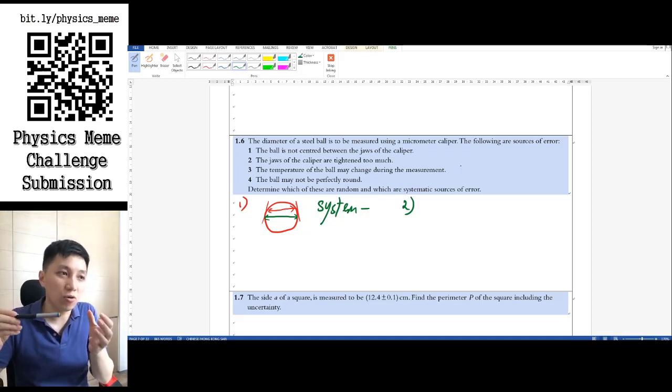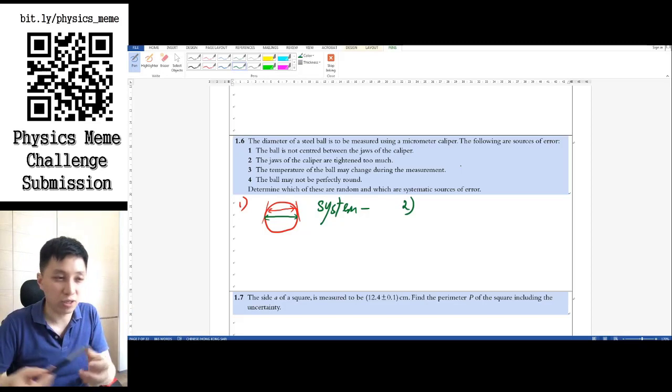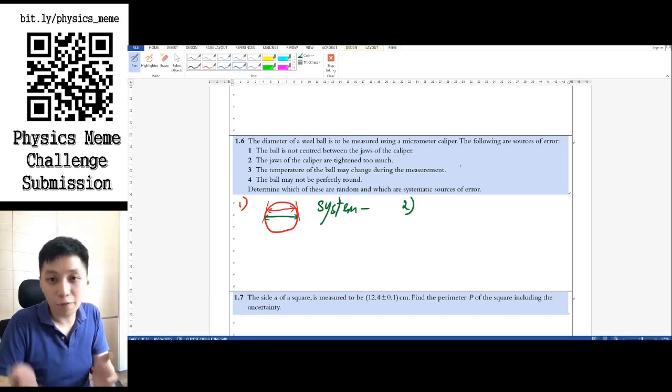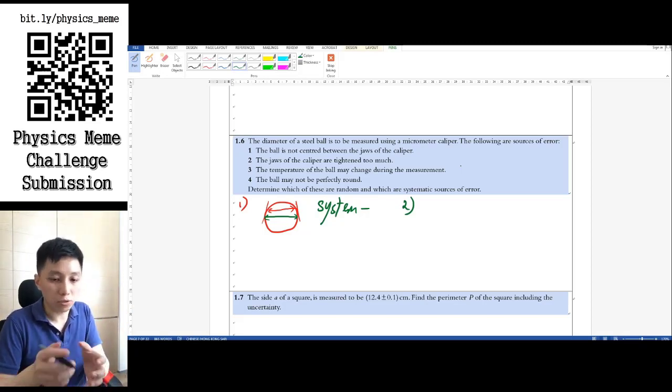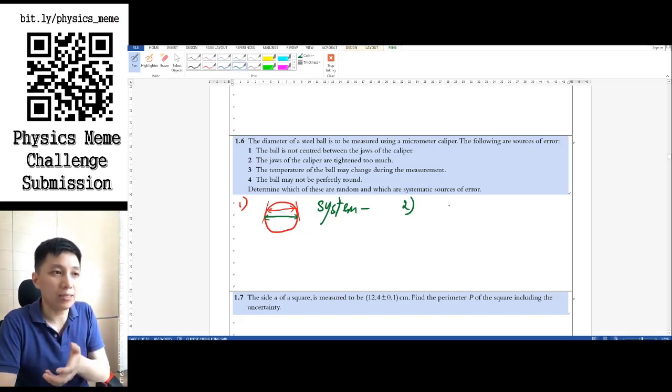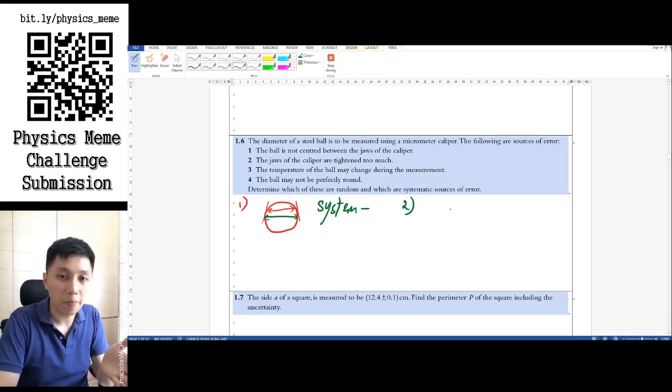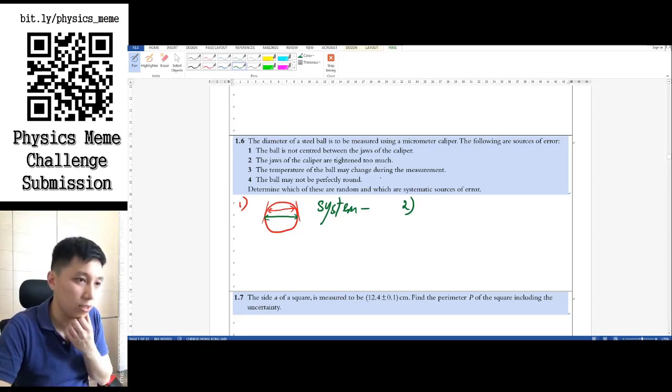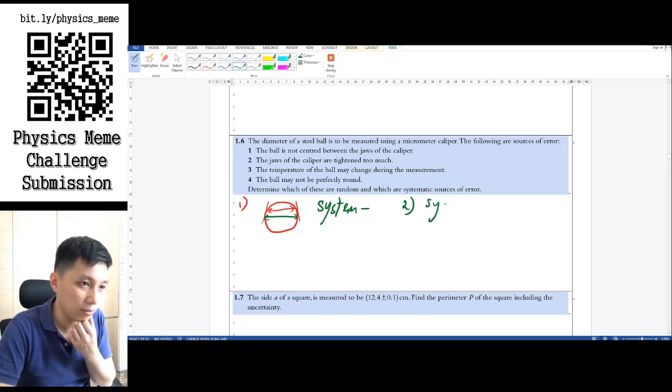It is kind of like drilling a screw into an object. That obviously is wrong because you don't want to damage the object and also affect the measurement. So again, the bias is always towards one side, underestimating the diameter. So this once again is systematic error.